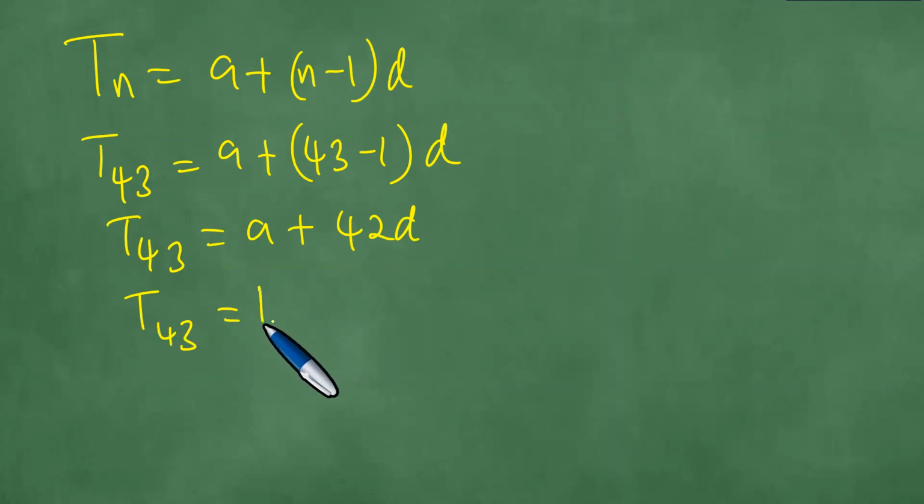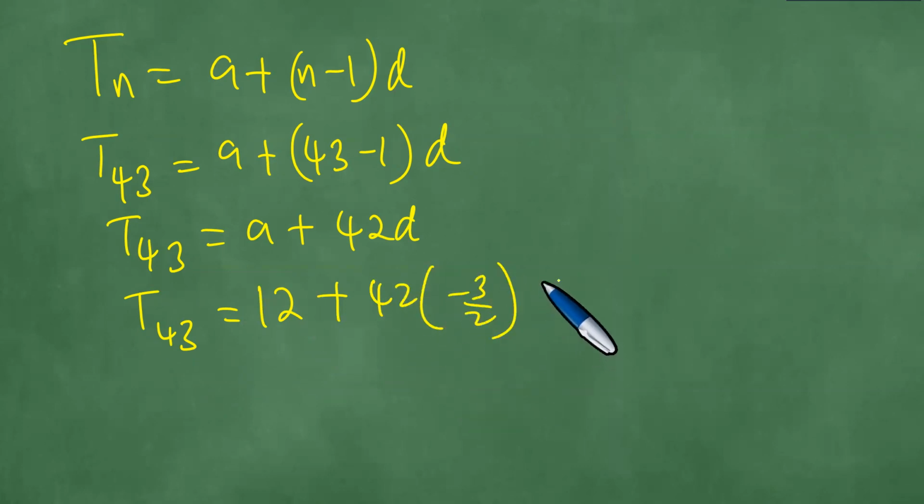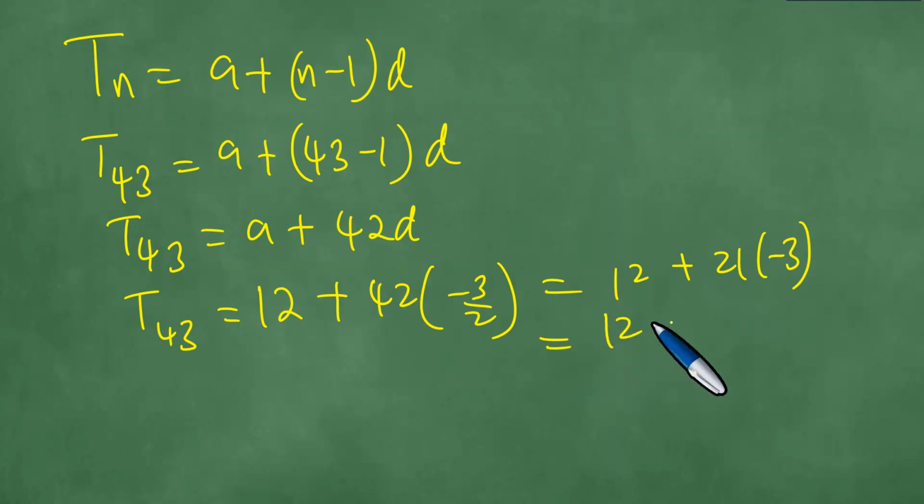What did we get the first term to be? It was given to be 12. What is the common difference? We got it to be minus 3 over 2. You divide 42 by 2, what do you get? You get plus 21. So which is 12 minus 63. What is 12 minus 63? It's minus 51.